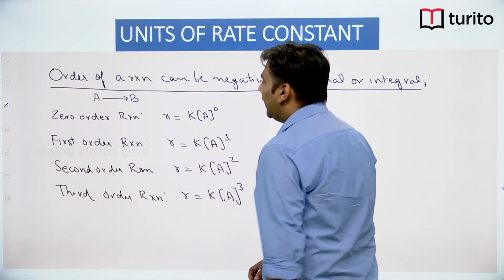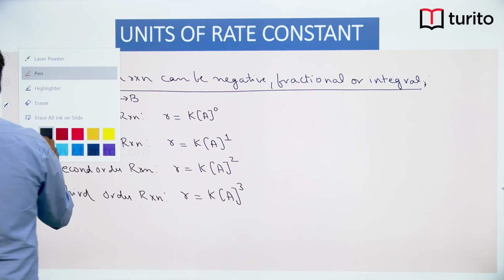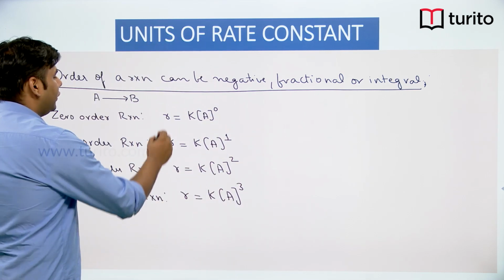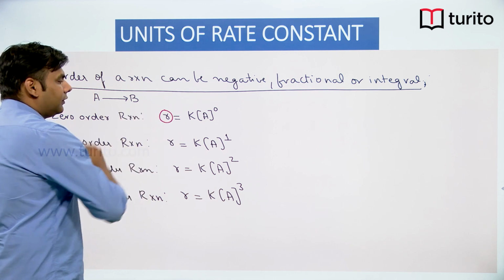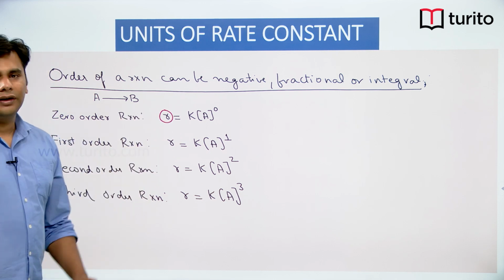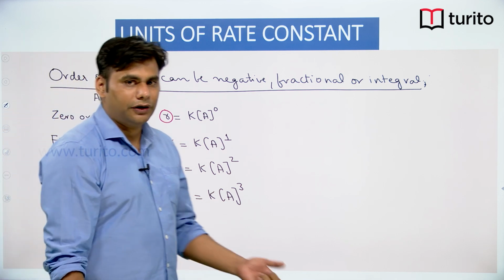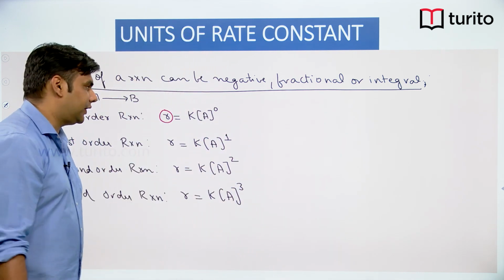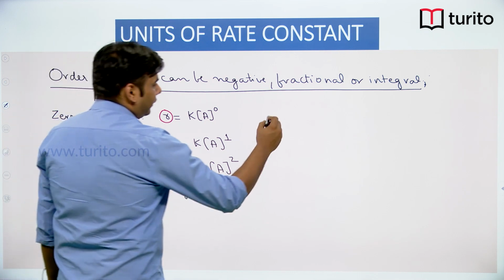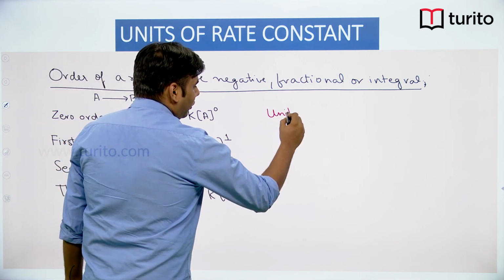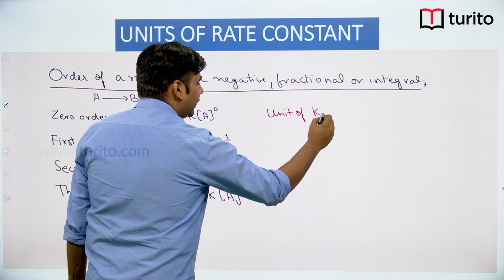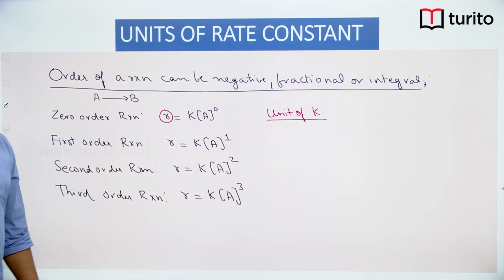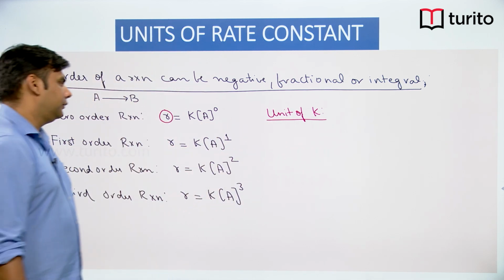So if we look at the units of rate constant, we know that the unit of rate is generally change in concentration per unit time. So it is moles per liter per second, or molarity per second. Because the order of this reaction is 0, the unit of rate constant will be equal to that of rate.